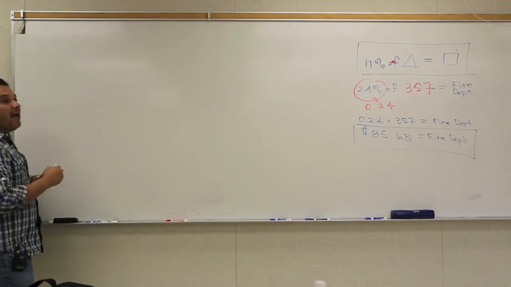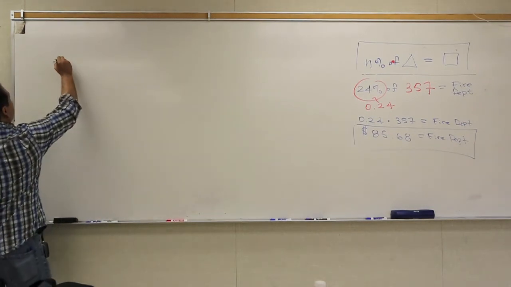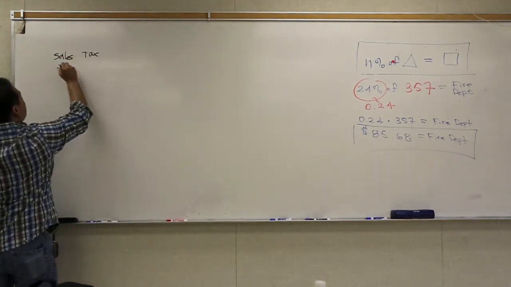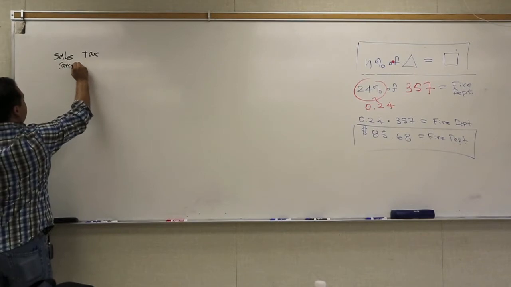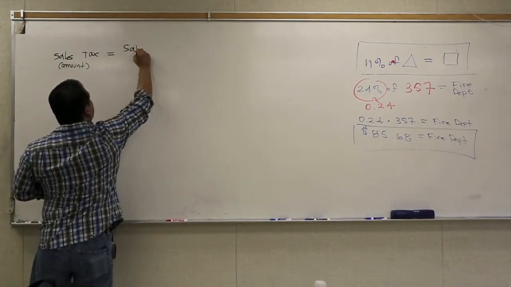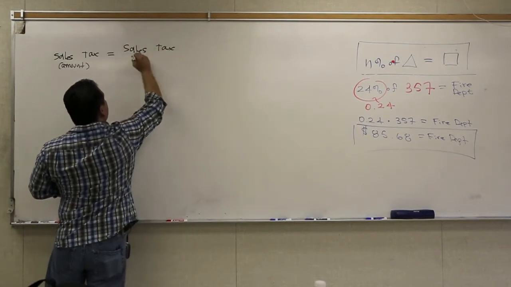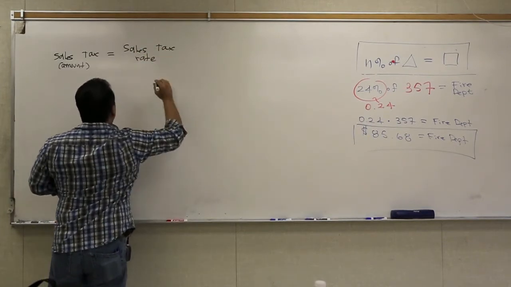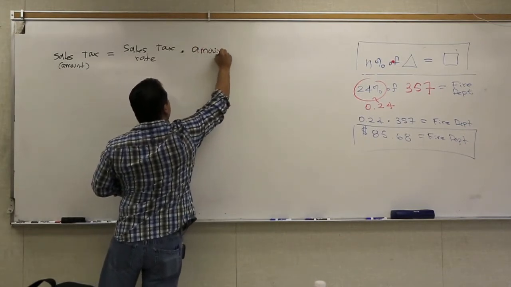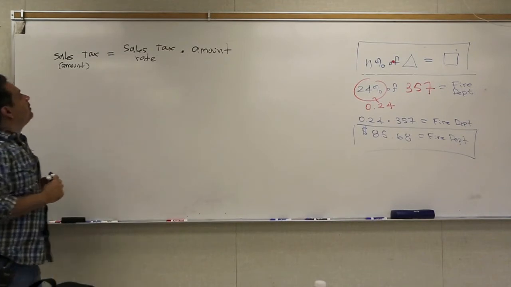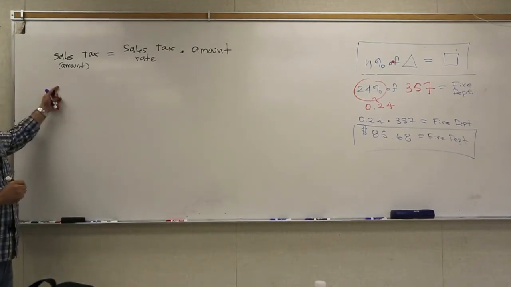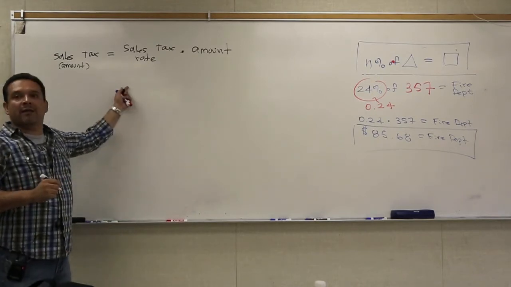Consider the sales tax. Sales tax is what's called an amount: a sales tax rate times some amount. Are you guys with me on that? Just like a discount is some discount rate times an amount.